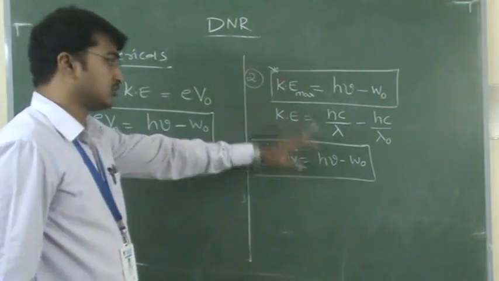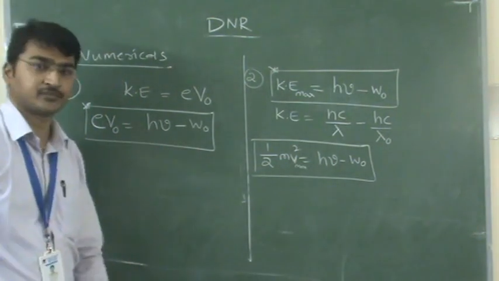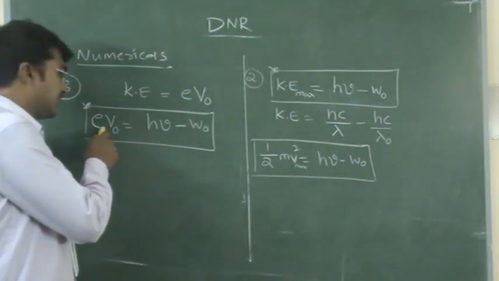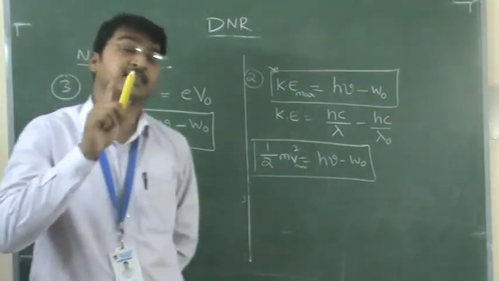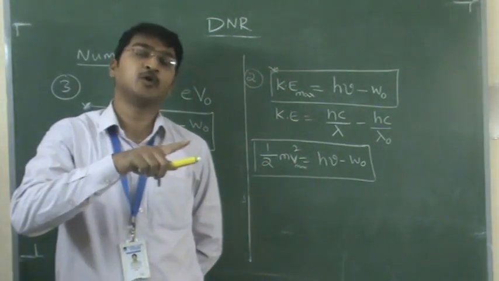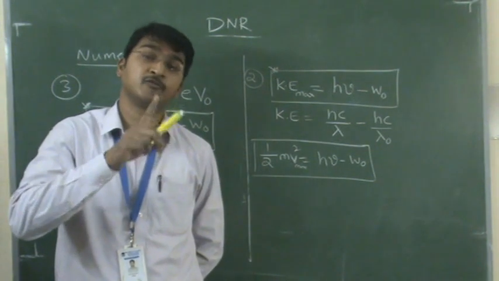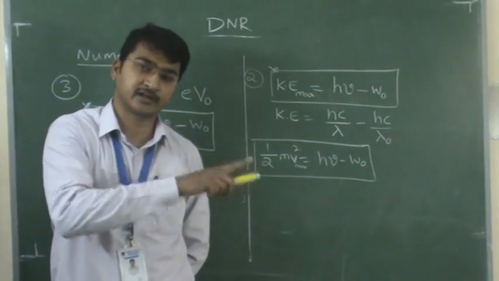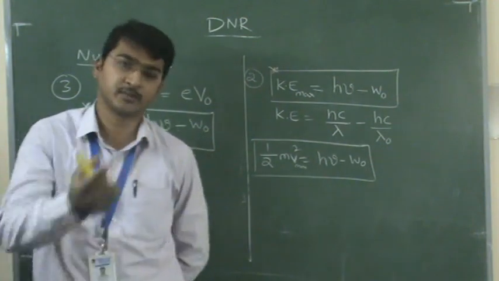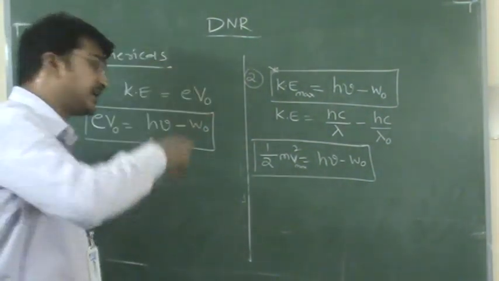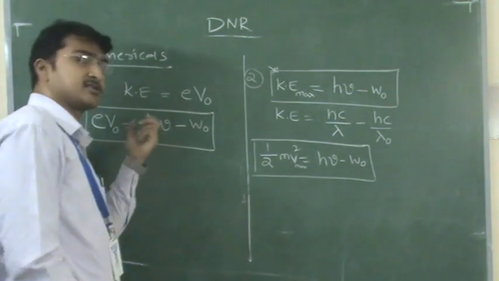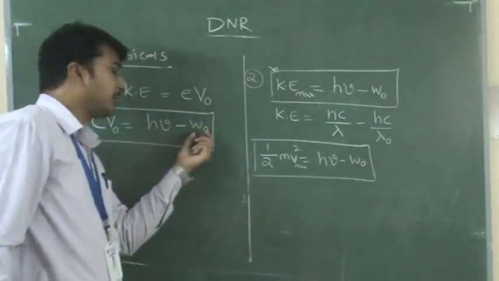Okay, 1, 2, 3, so the fourth equation. eV naught: e is the charge of the electron, V naught is the stopping potential, or the negative anode potential applied where the photoelectric current becomes zero. Got it now? That is the stopping potential definition. h nu is the incident light energy, with frequency and Planck constant, minus the work function.